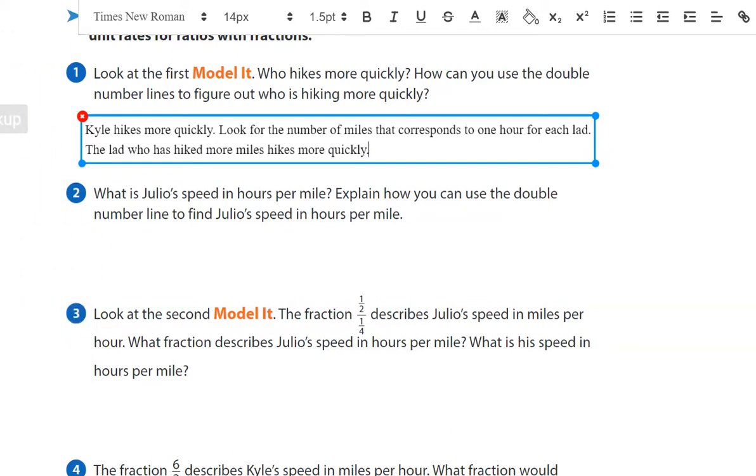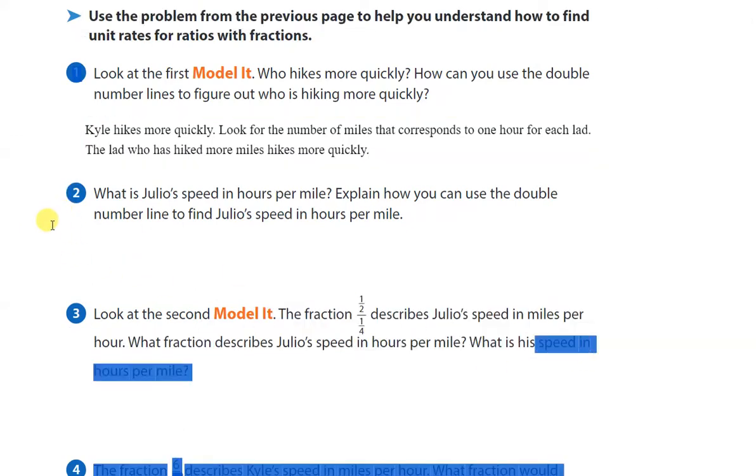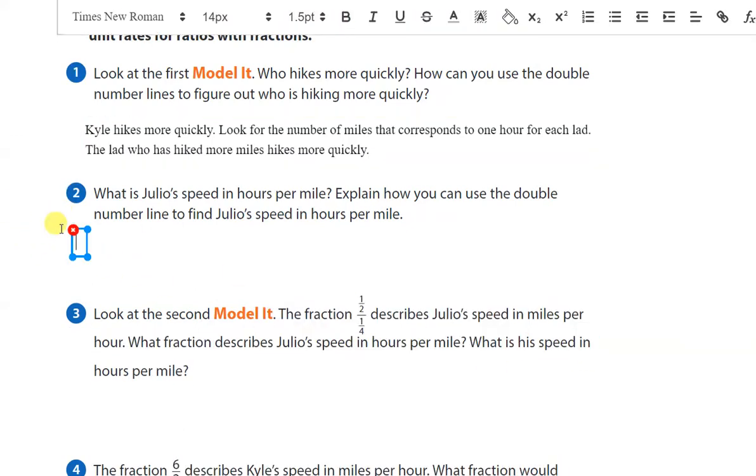Oop, don't drag it. Okay, there we go. He says it was half a mile per hour. And since it's a double number line that's already made, you find the ratio for miles per hour.